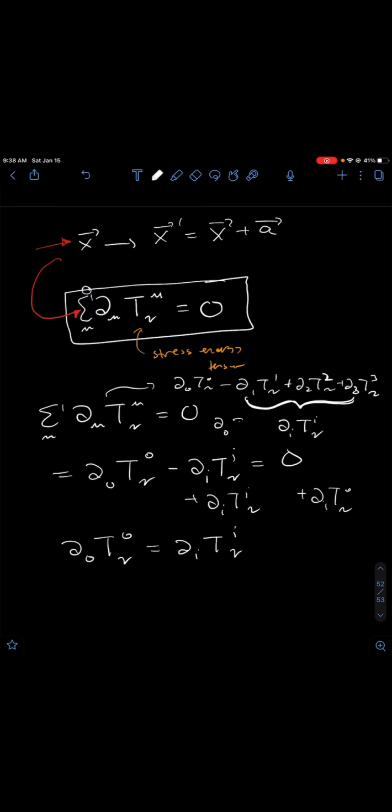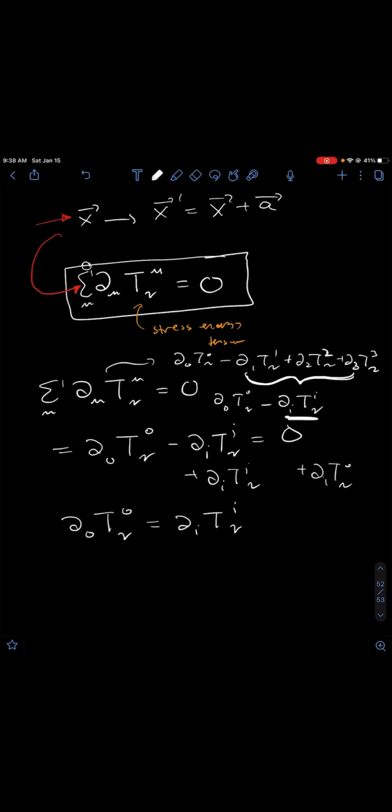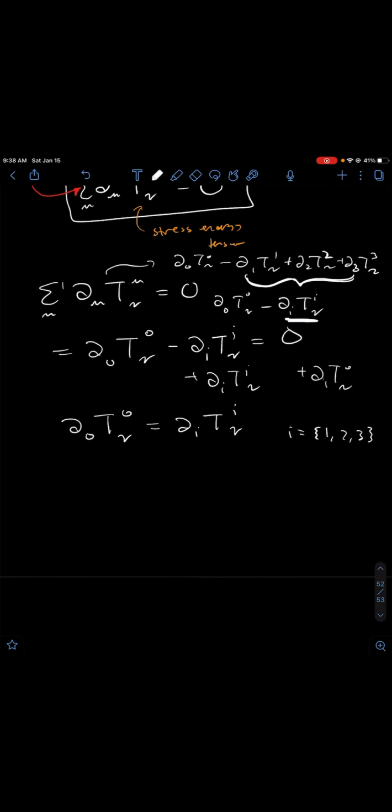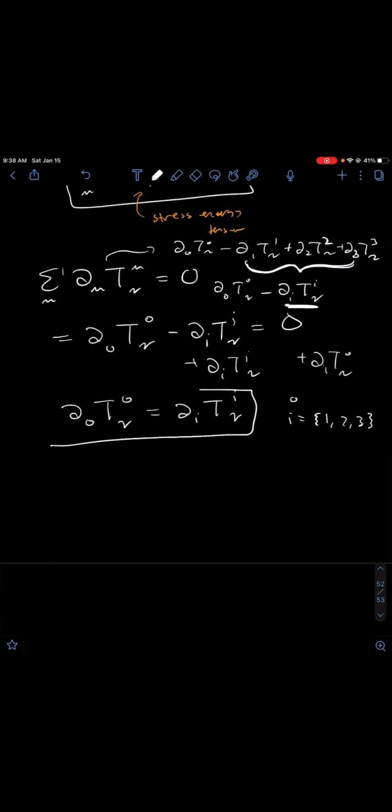So we have partial naught t naught nu minus this. All right, that's where this comes from, by the way. So i has the indices from 1 to 3, and then we just have the zero index, 0. So we have this relation over here.